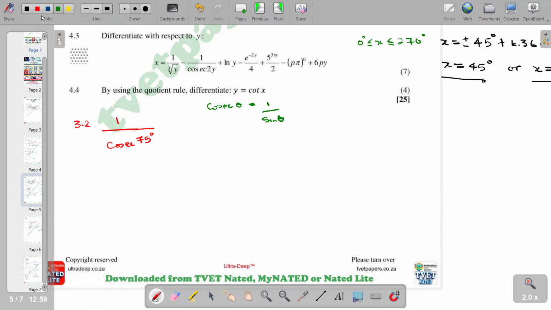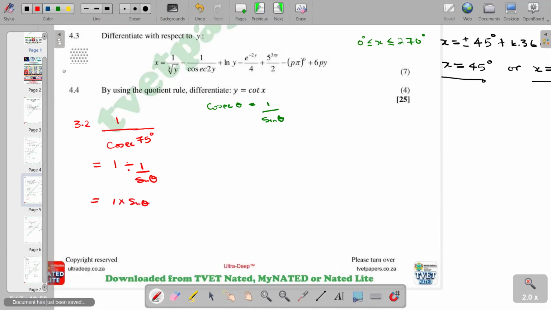So using that, we can now go here. It becomes 1 over, but over means divide, divided by 1 over sine theta. So this one changes to 1 multiplied by sine theta.